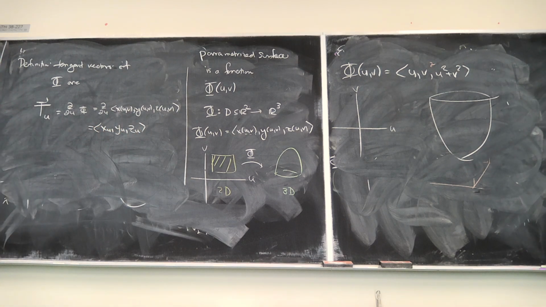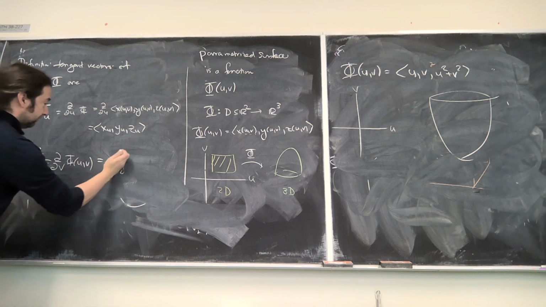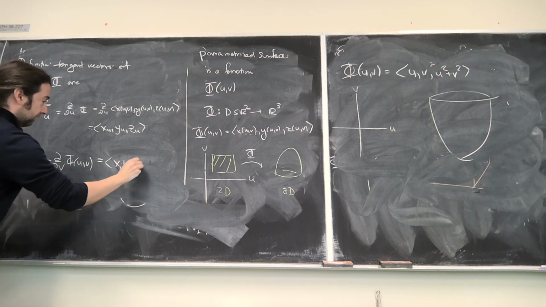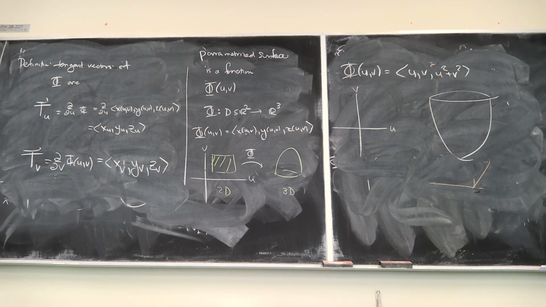That is the tangent in the u direction. The tangent in the v direction is the v derivative of the map, which is x with respect to v, y with respect to v, z with respect to v. These are just definitions: I'm defining the tangent in the u direction and the tangent in the v direction.